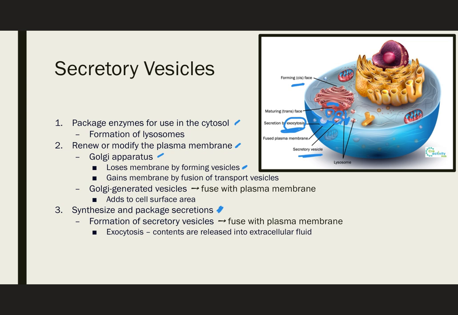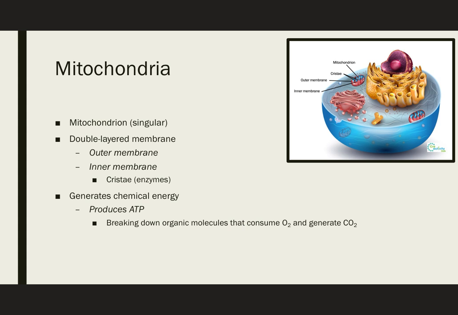Golgi apparatus. Mitochondria are membrane-bound cell organelles. When we want to say the singular form, we say mitochondrion. They generate most of the chemical energy that's needed to power the cell's biochemical reactions. They produce ATP by breaking down organic molecules in a series of reactions that consume oxygen and generate carbon dioxide in exchange.